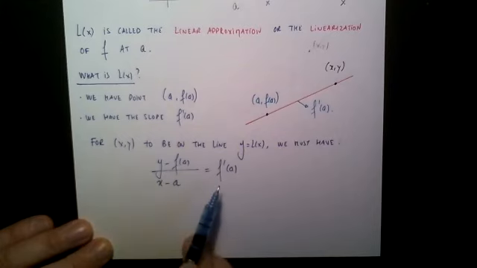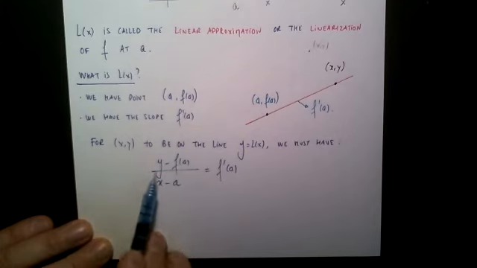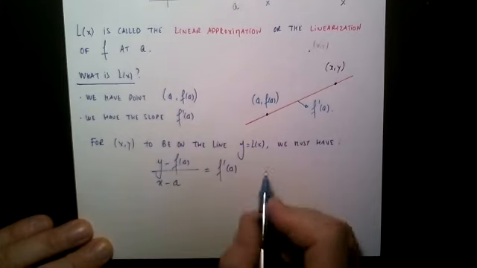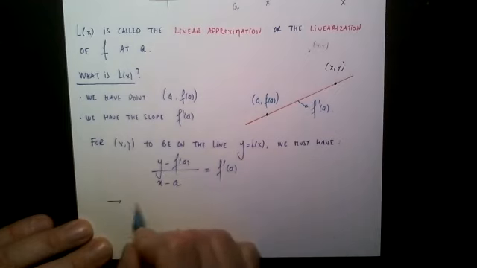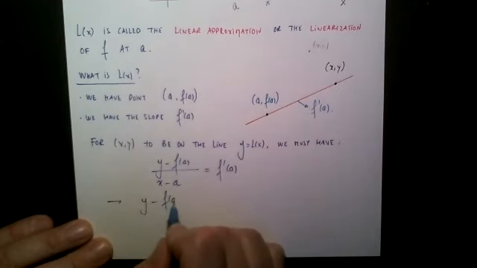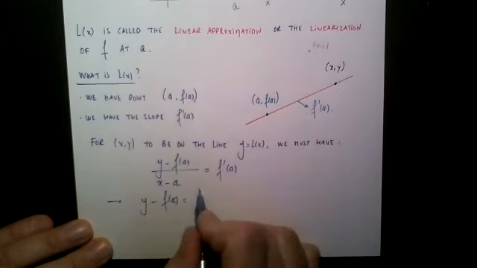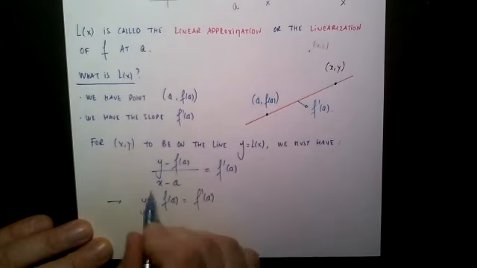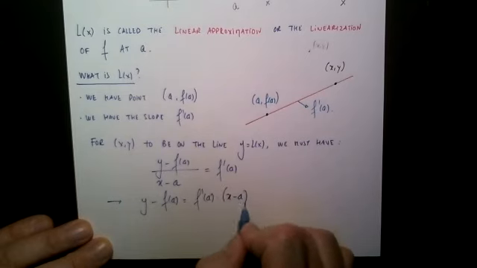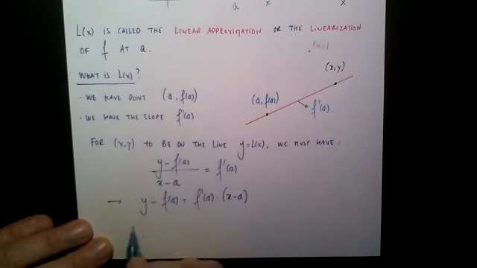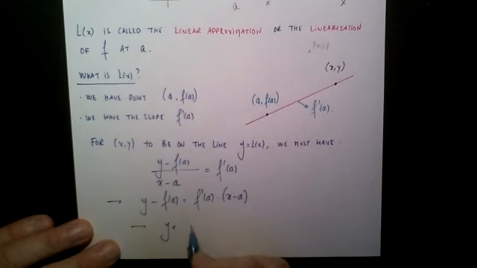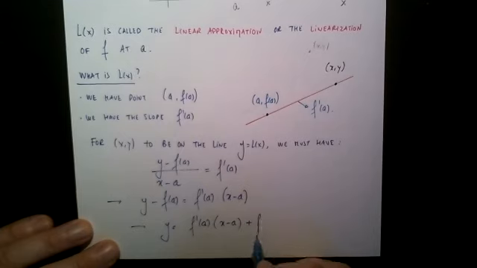And that's it. So now I could find the equation of the line by just isolating y. So y minus f of a is equal to f prime of a times x minus a, and so y is equal to f prime of a times x minus a plus f of a.